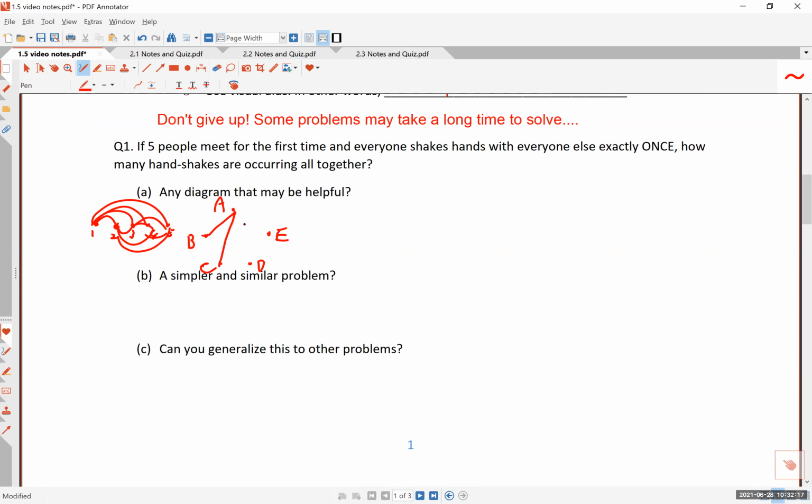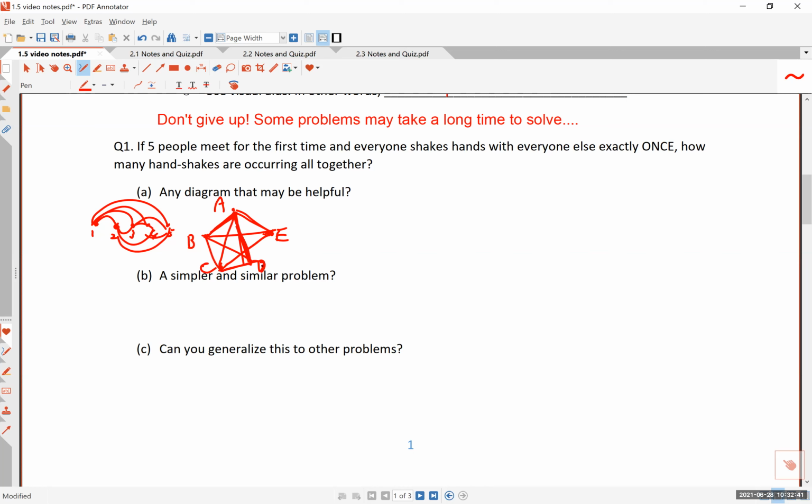A also has to shake hands with all of these people, so A is shaking hands with 4 people. B should also shake hands with 4 people, but B and A are already connected. So BC, BD, BE. C has already shaken hands with A and B, so C has yet to shake hands with D and E.